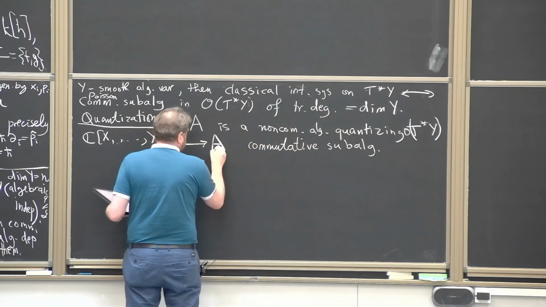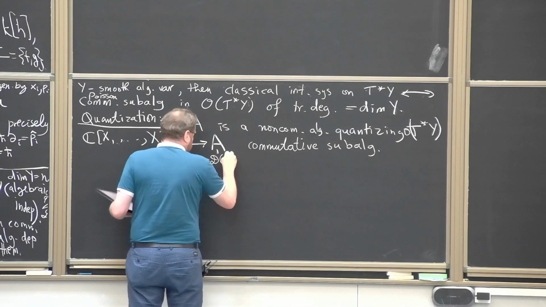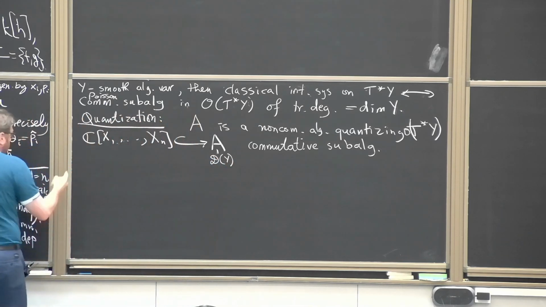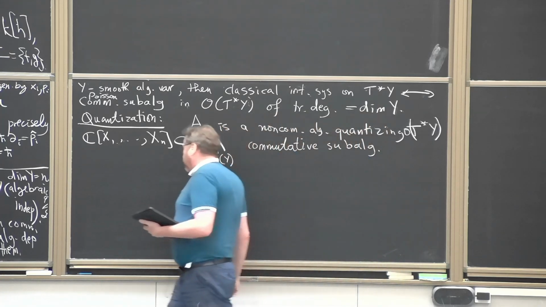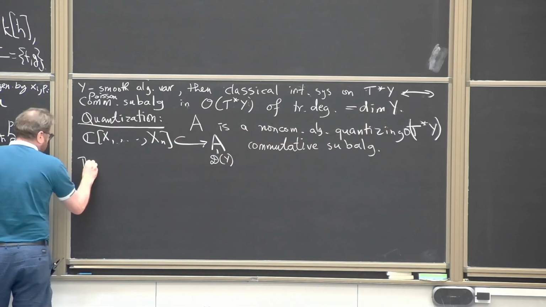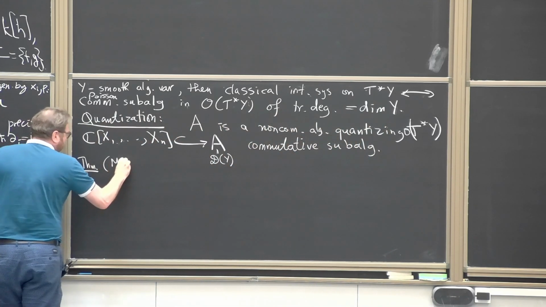And so in this case, this would be differential operators on Y, if we have started with O of T star Y. And actually, there is a similar theorem here, which is due to Makar-Limanov.